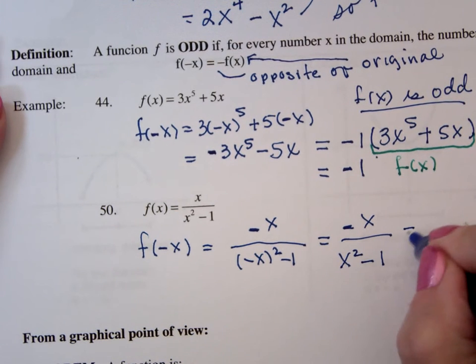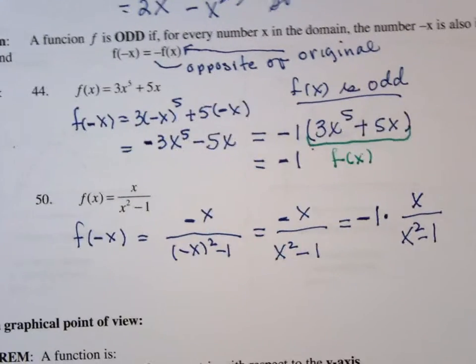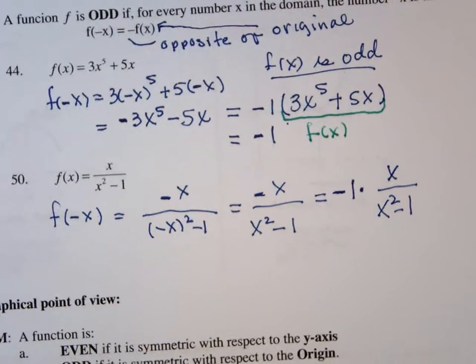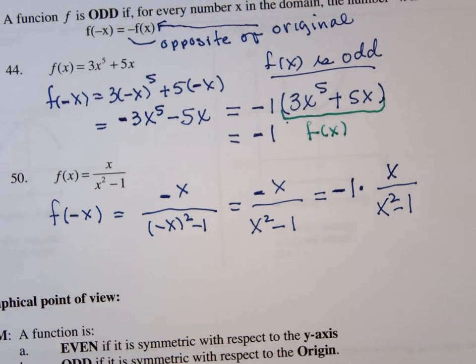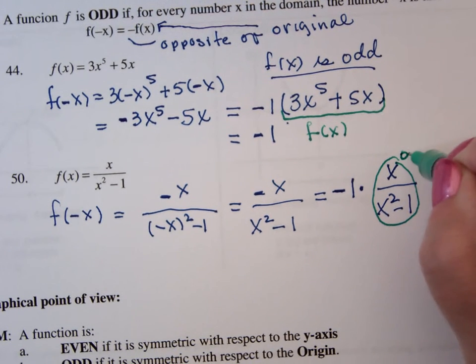And if you notice, this can be written as minus 1 times x divided by x squared minus 1. And what do I notice that it is? Minus 1 times the original, right?